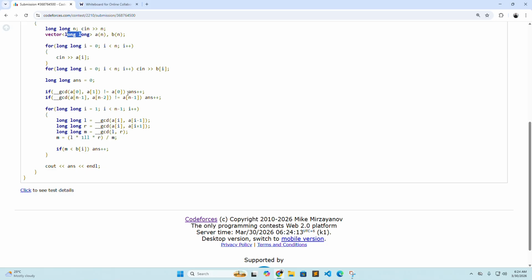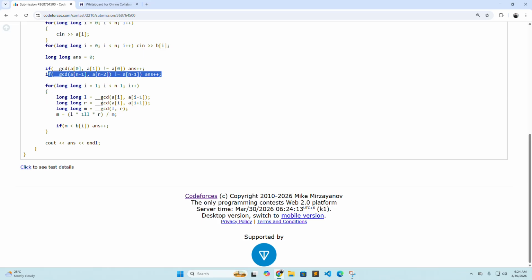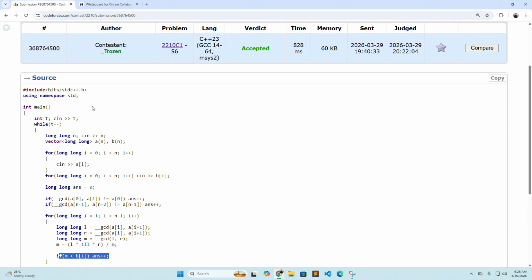The condition of the first index is here, the condition of the second last index is here, and for the indices between the first and last, the condition I said, L, R and M. I took the LCM like this: LCM of A and B is A times B divided by GCD of A and B, so L times R divided by GCD of L and R. So if M is less than a of i, then answer plus plus. Okay, this is the solution.